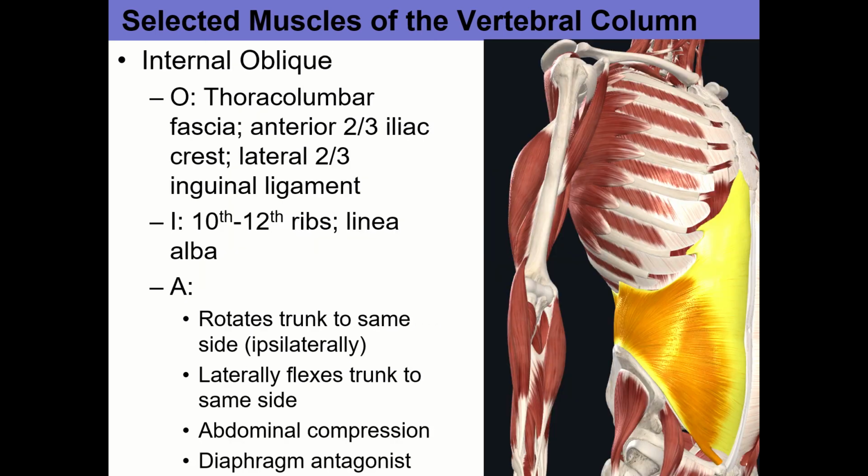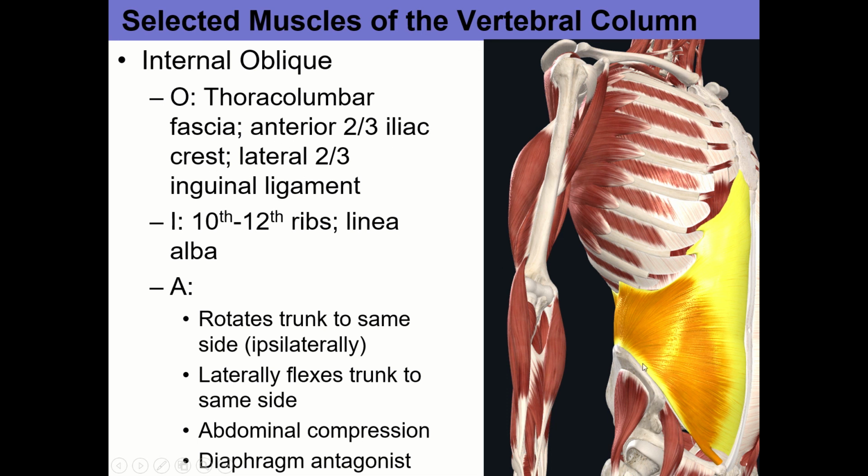And then two more muscles, our internal oblique, and then our external oblique. So internal oblique first. One of the things I want to call your attention to with the internal oblique is the direction that the fibers run. So the fibers run this way. They run from posterior and inferior, because you can see they originate on the thoracolumbar fascia, which is in the low back, along the iliac crest and along the inguinal ligament.